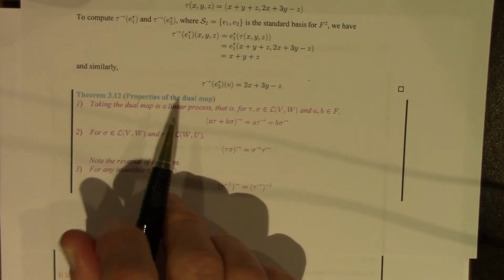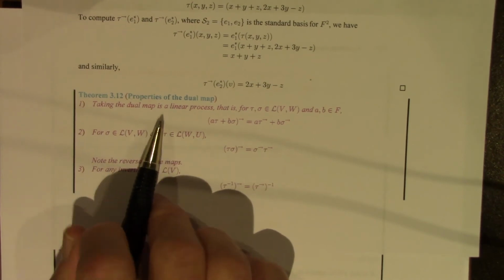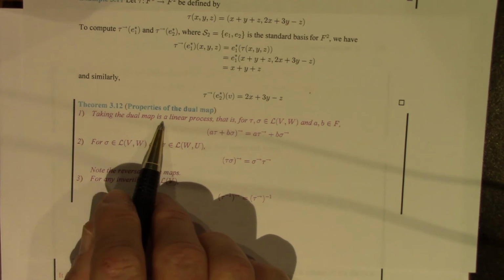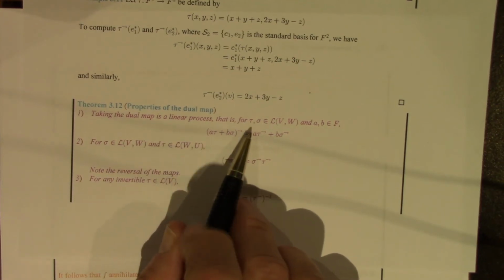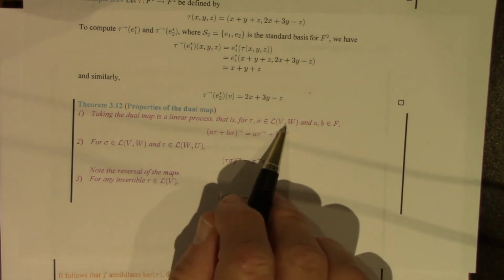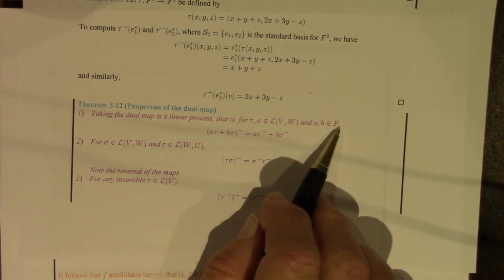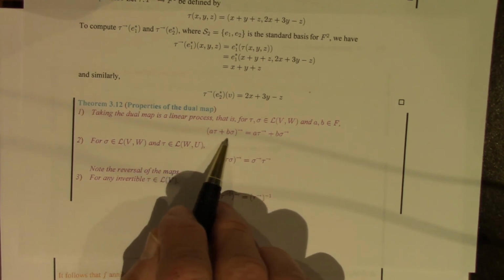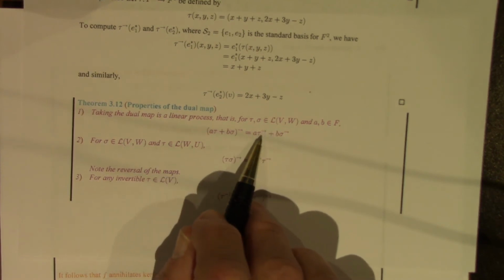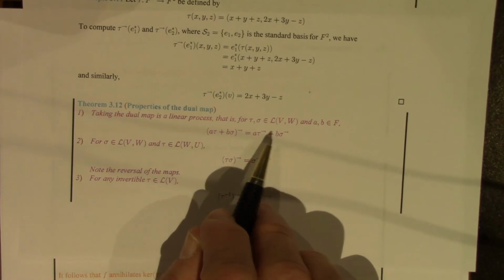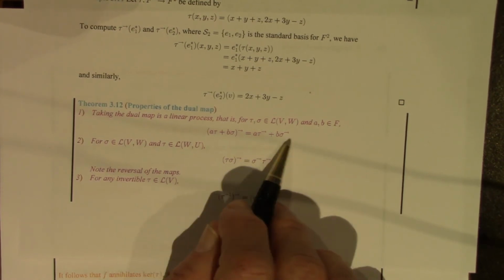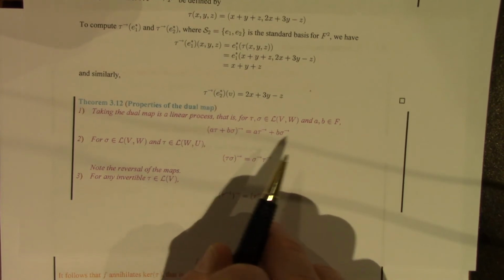Some properties of the dual map. Taking the dual of a map is a linear process. If tau and sigma are linear maps from V to W, A and B are scalars, then applying the arrow to a linear combination is the same as applying the arrow to tau and sigma separately and then taking the linear combination.